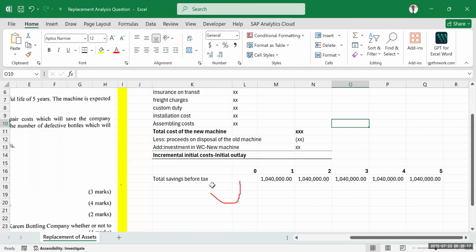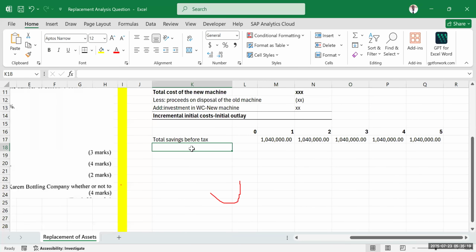So let us come. We are following on cash flows. We've talked about incremental cost savings, and we are going to save the cost at a tune of 1040 every year. So what tax implication do we have on it? Tax expense, and this comes at 30% as given in that question.